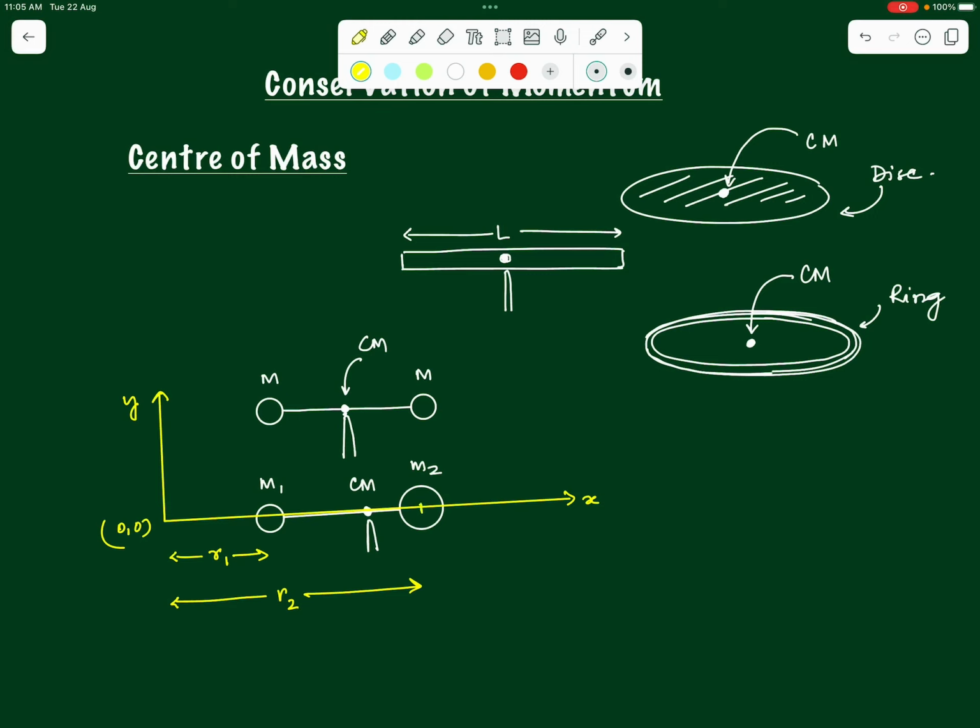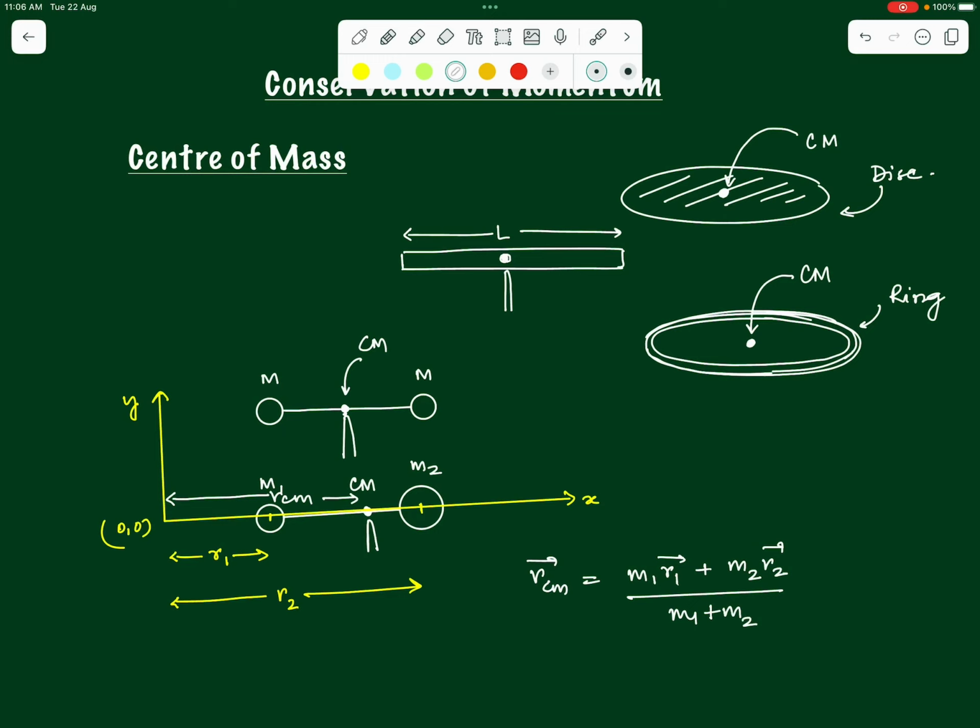The centers of the two balls are at distances r1 and r2. In that case, it can be proved, and this is how we define the position of center of mass. We can say that the position of the center of mass, this distance R_CM, will be defined as (m1 r1 + m2 r2) over (m1 + m2).